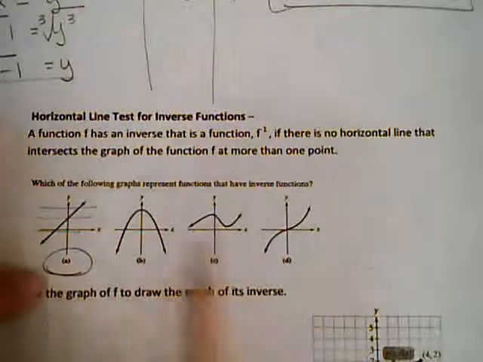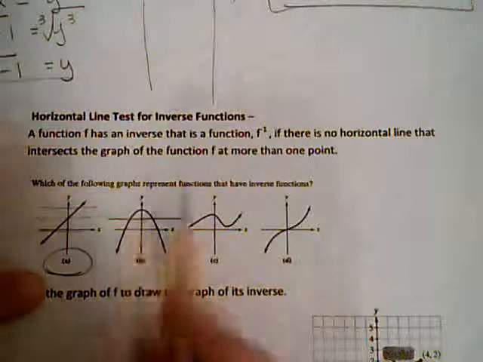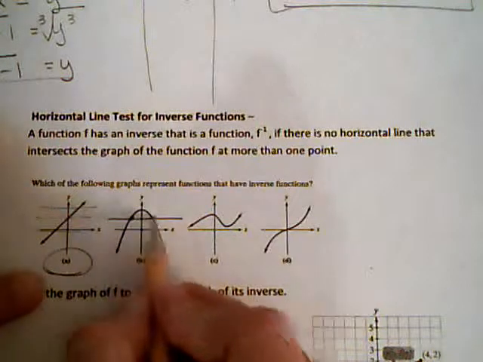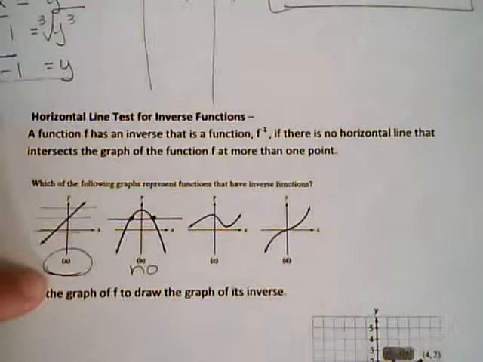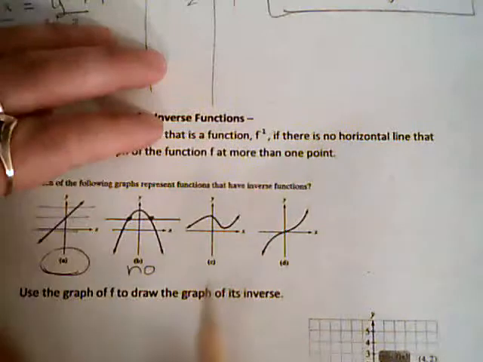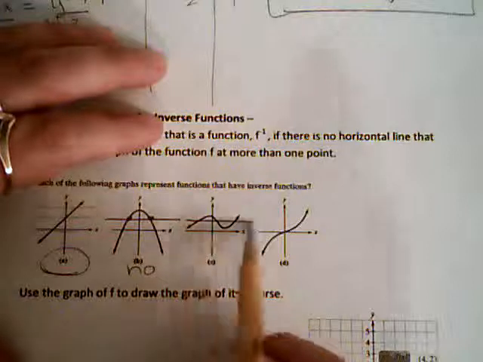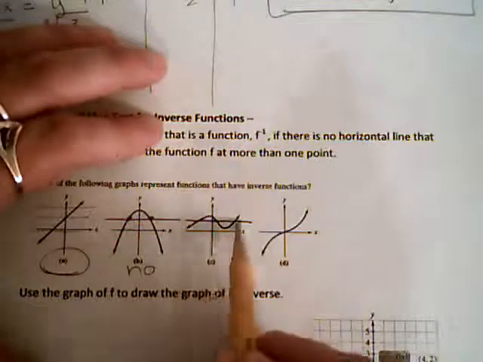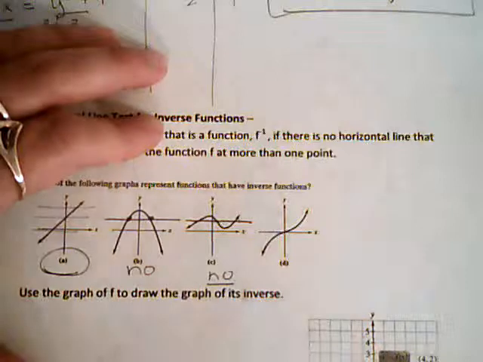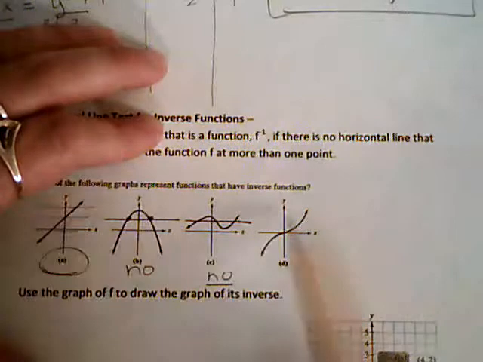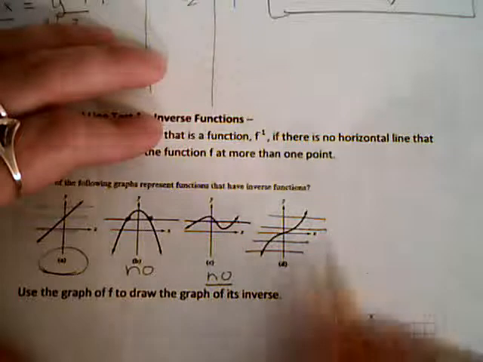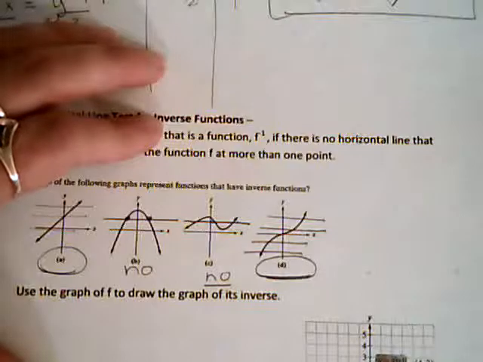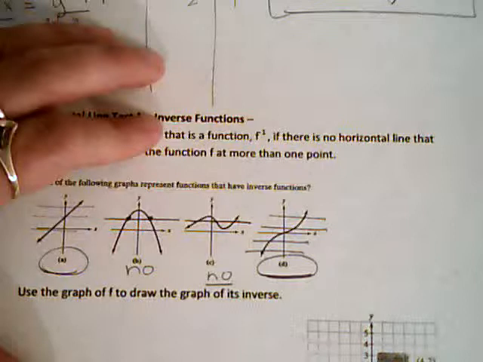If I look at B, if I draw a horizontal line, it's going to intersect at 2 points here, so this would not have an inverse. Okay, and then if I look at C, I can draw a horizontal line here that intersects it at 3 points, so this also would be no. But D, anywhere I draw a horizontal line would intersect at 1 point, so that would have an inverse.